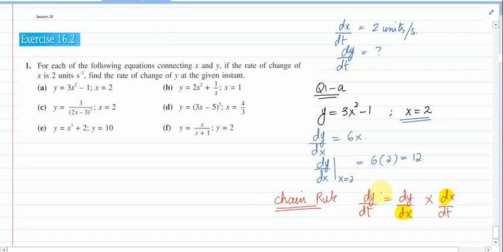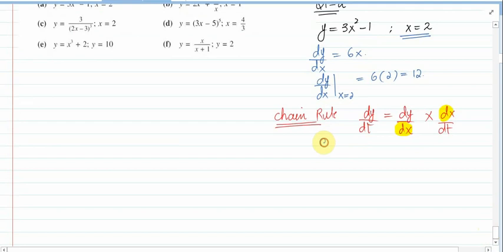Alright, so defining the chain rule is very important. Similarly, let's suppose df upon dt. The working formula will be df divided by dx and then dx upon dt.